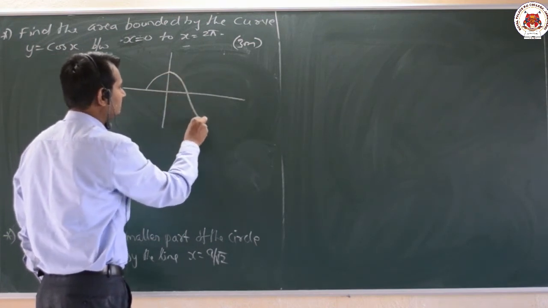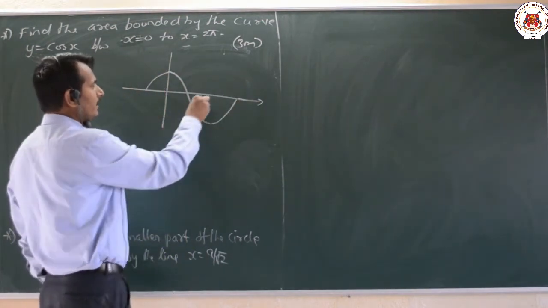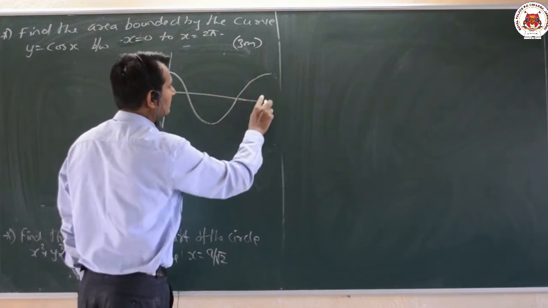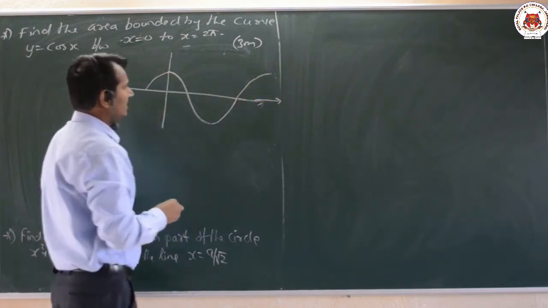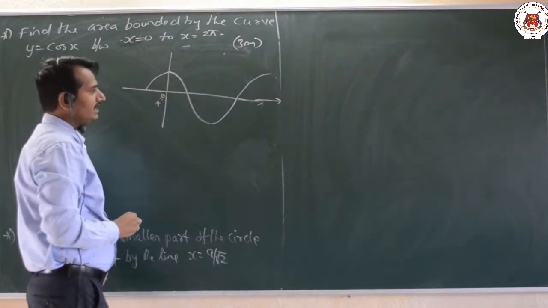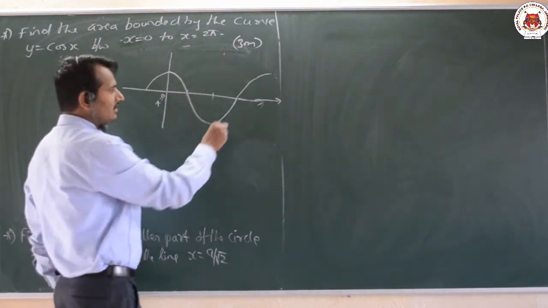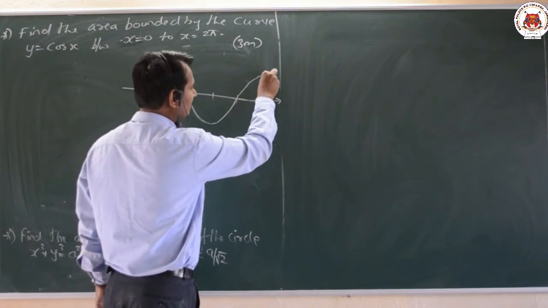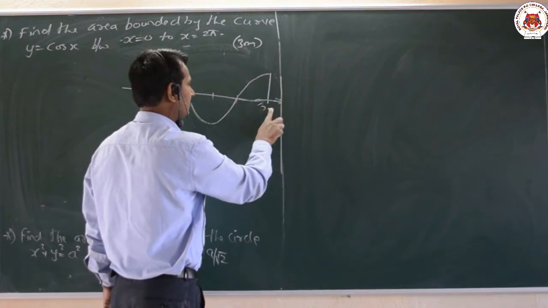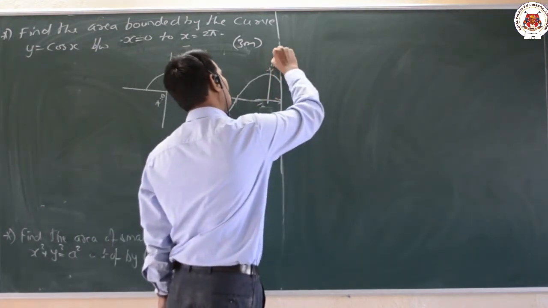Here x equal to 0, then pi by 2, then pi, then 3 pi by 2, and then 2 pi, that is x equal to 2 pi.